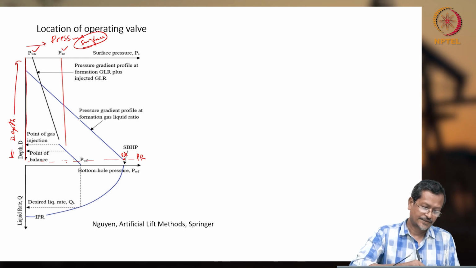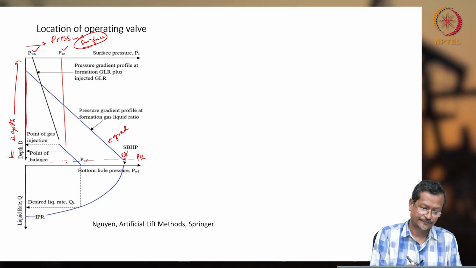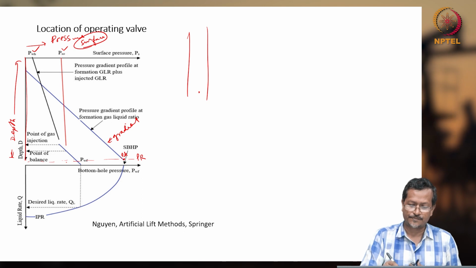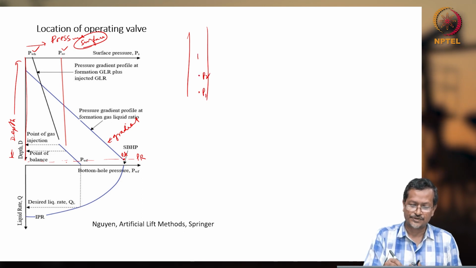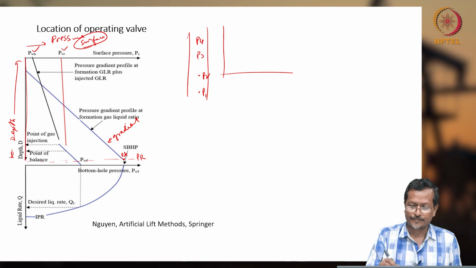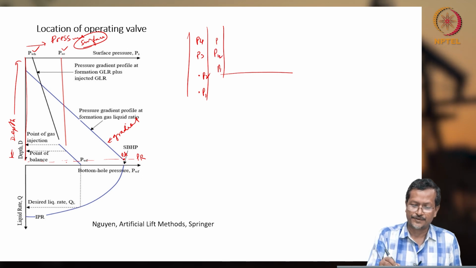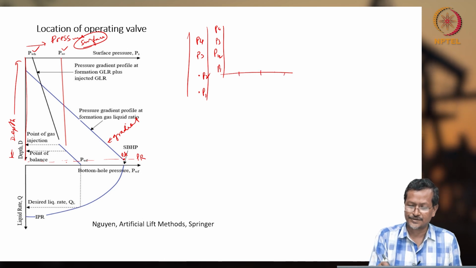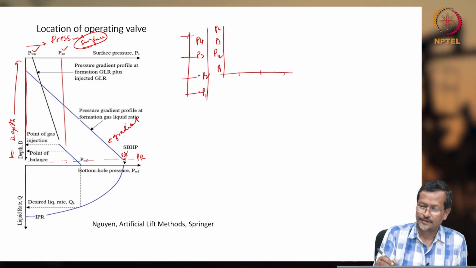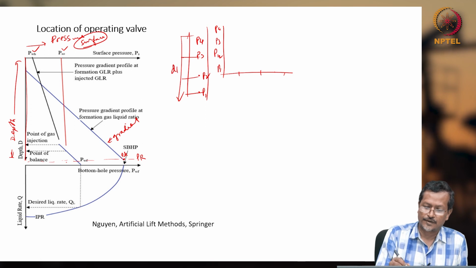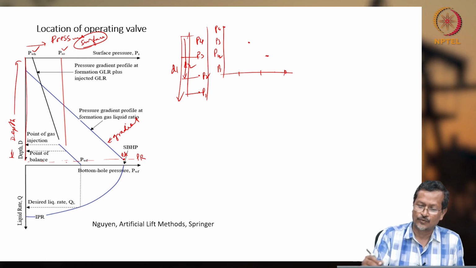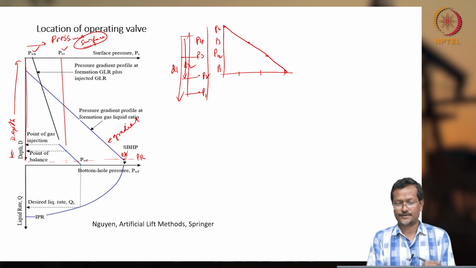So this is the gradient. Inside the wellbore fluid, if you see P1, P2, P3, P4, the pressure, and this is the distance, D1, D2. So at D1 pressure is high, at D2 pressure is lower, so I can get one line like this.